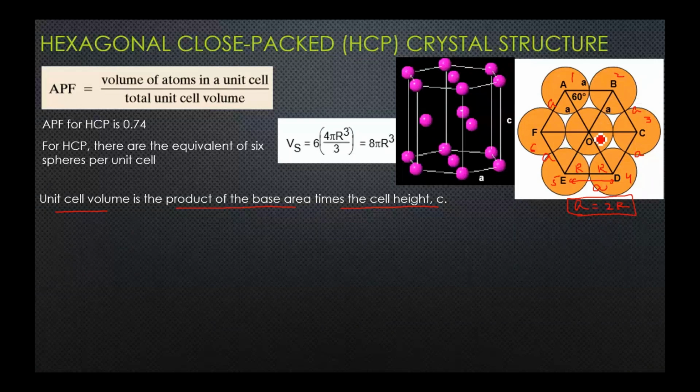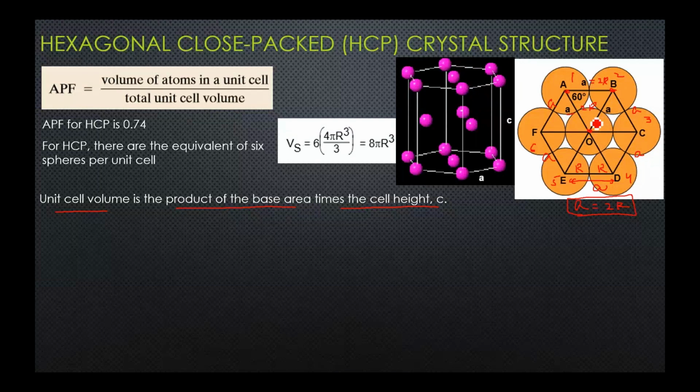Now let us look at the triangle OAB. We know that the length AB is essentially A, which is equivalent to 2R. Do you agree that the length OA is also equivalent to 2R, or essentially A?